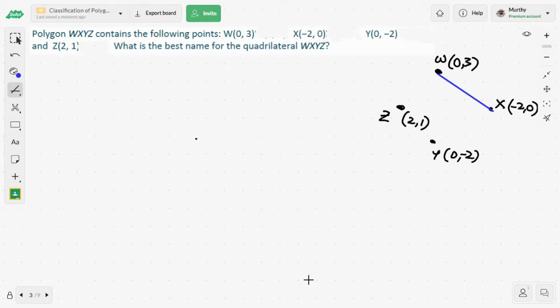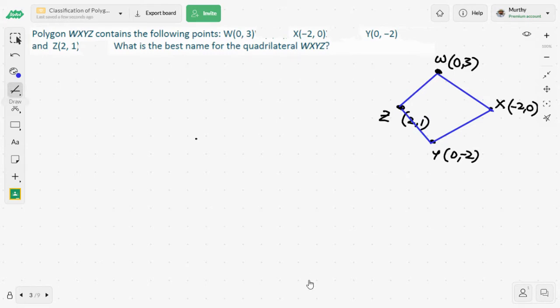Use the distance formula, then find the length of XY, find the length of YZ, and find the length of ZW or WZ. Suppose all the four sides are equal, then you can state that it is a rhombus. If opposite sides are equal, then you can say that it is a parallelogram.